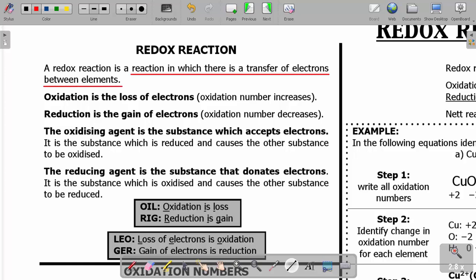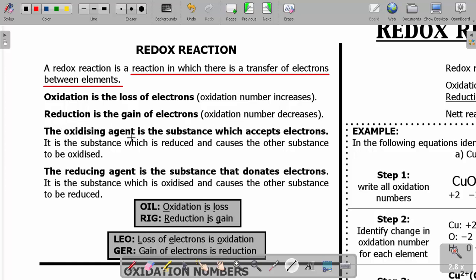And another term you must know here is oxidation, which is the loss of electrons. In this case, the oxidation number increases. And then reduction is the gain of electrons. And in this case, the oxidation number decreases.